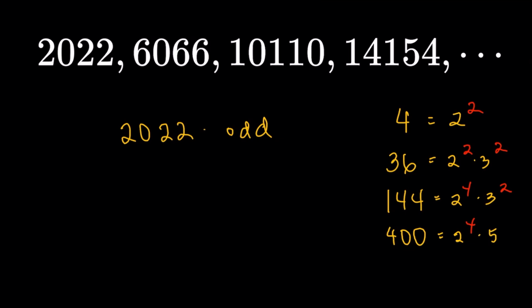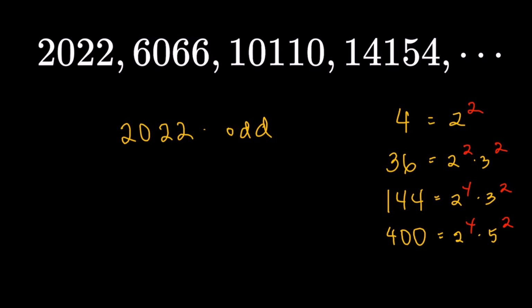So you could see from the highlight, I highlighted the exponents, and all perfect squares, when expressed in prime factorization, have even exponents. It makes sense because if I take the square root of it, all the exponents must be divided by 2. If it's a perfect square, the root is an integer, so I should be able to divide the exponents by 2. So you can have that reasoning as well.